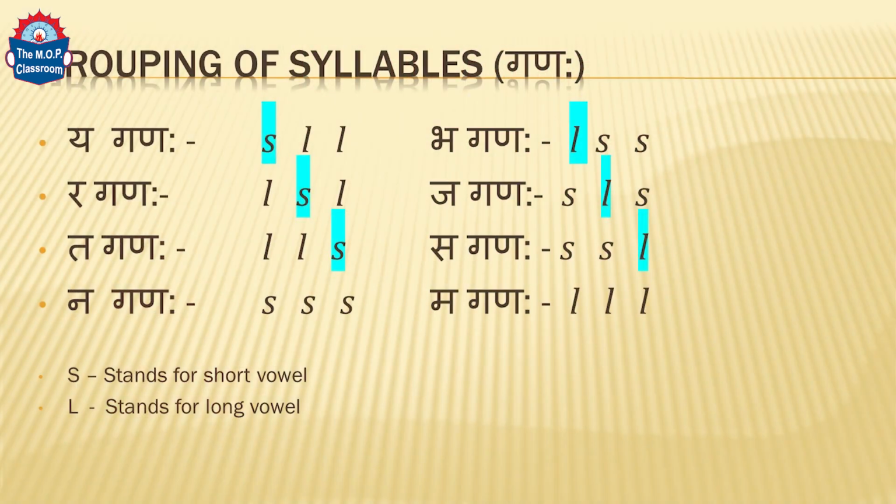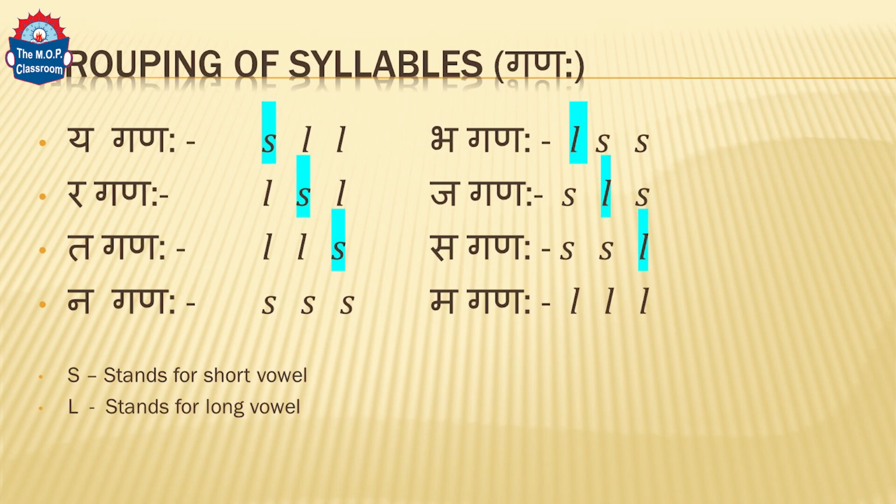On the other side, bhajasa: first, second and third will be long, and the remaining will be short.